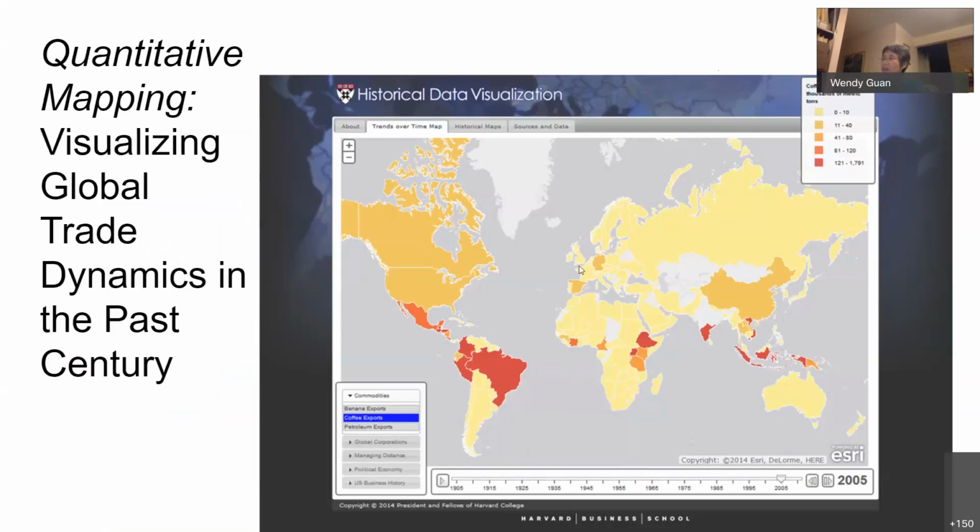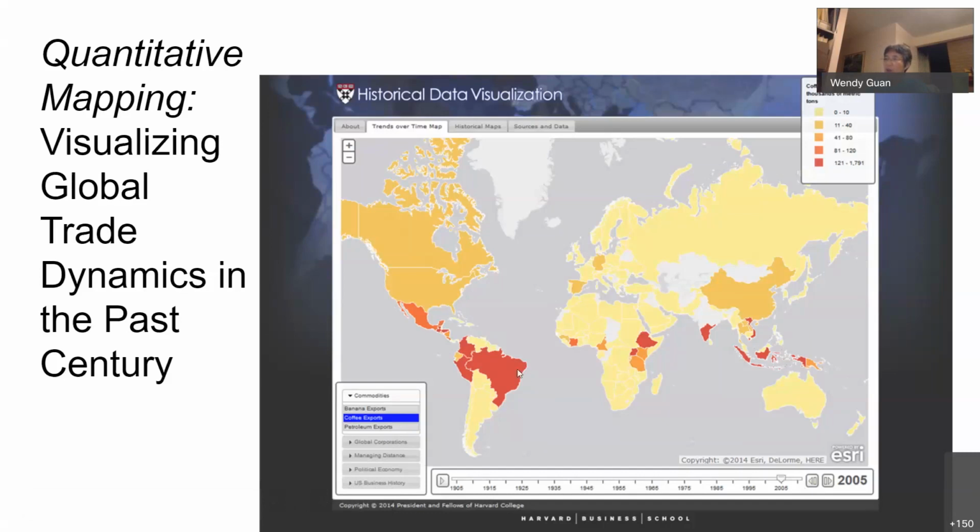This system uses quantitative mapping basically to allow the professor in a class to pick a commodity, for example, coffee in this case, and then here's a time bar you can scroll through, and then see the different countries involved in exporting coffee products over different years.